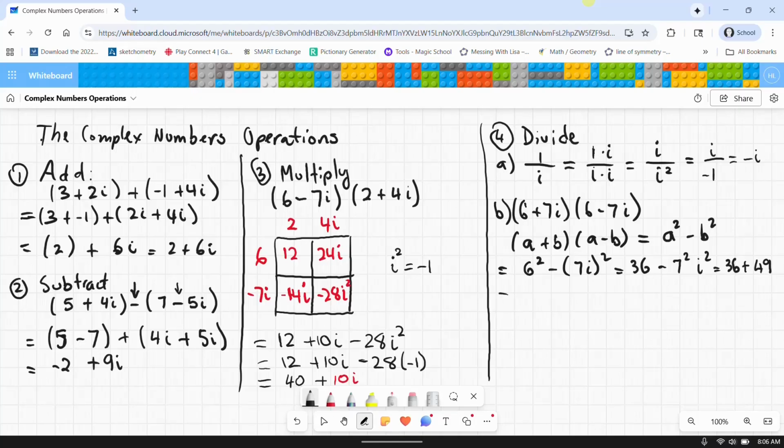Do you see what I'm doing? So it's like this, okay? If you want to break it down, it's going to be 49 times negative 1. So that ends up to be 36 plus 49, which gives us 85.